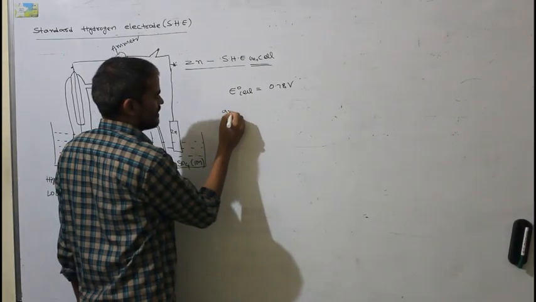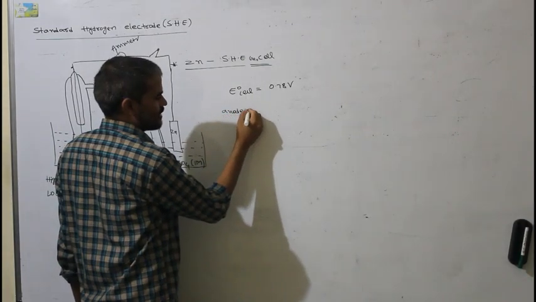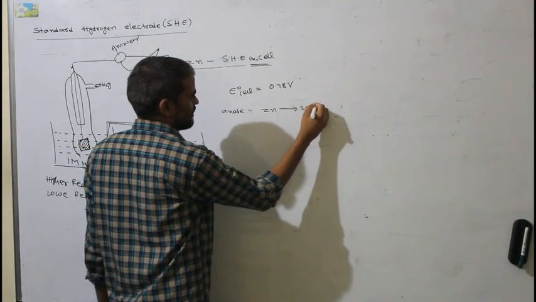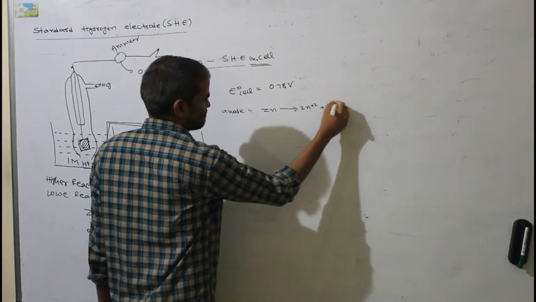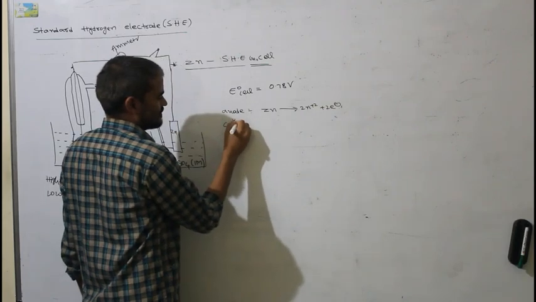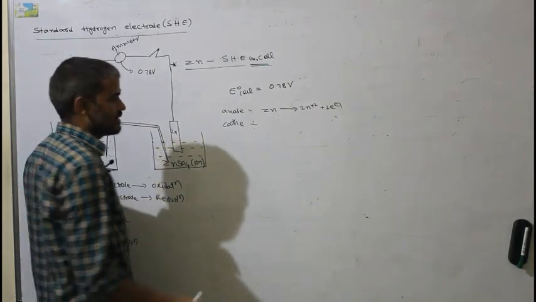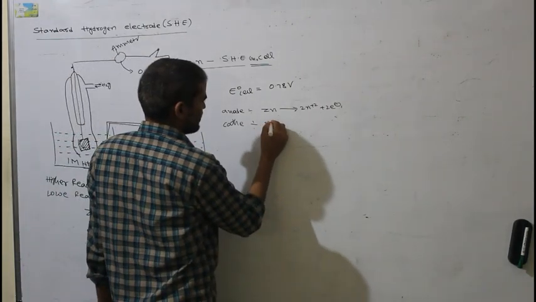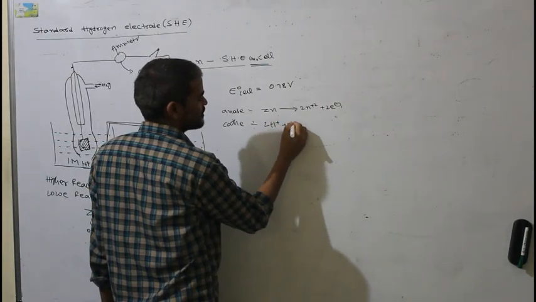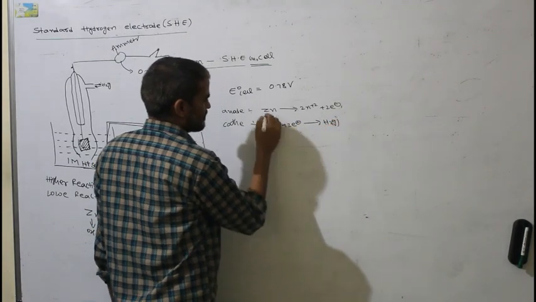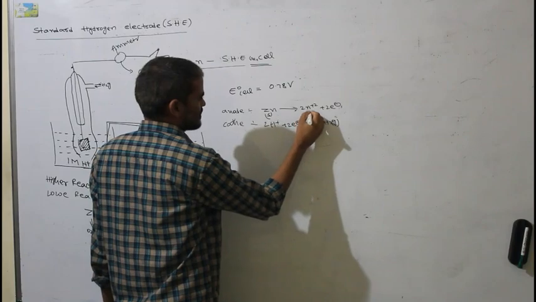Zinc undergoing oxidation is the anode: Zn becomes Zn2+ plus 2 electrons. The cathode is the standard hydrogen electrode, undergoing reduction: 2H+ accepts 2 electrons and becomes H2 gas.